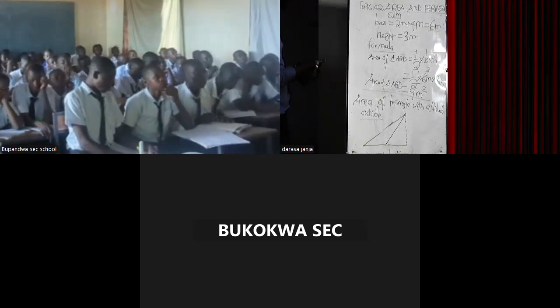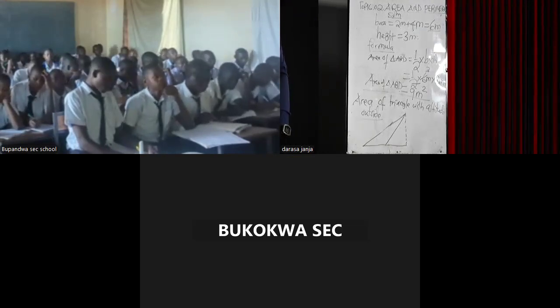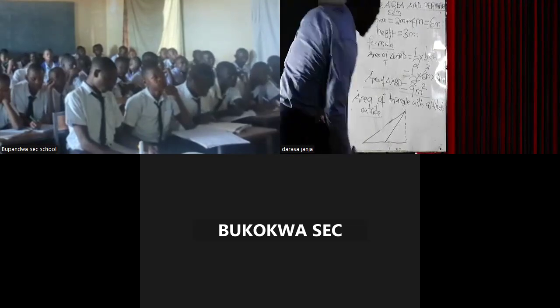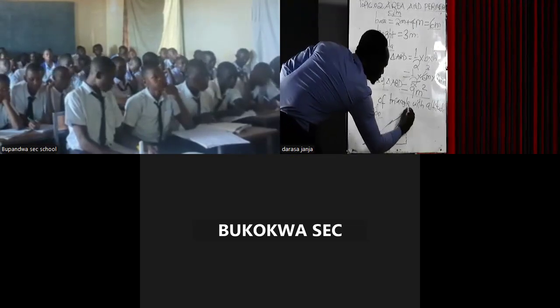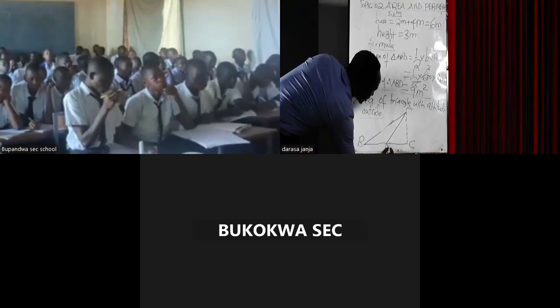So what we're supposed to do here is find the area of this kind of triangle. This is A, here it is B, here it is C, and here it is D.